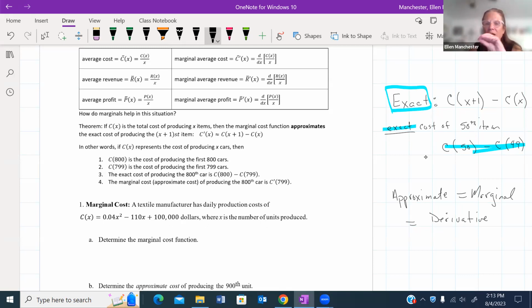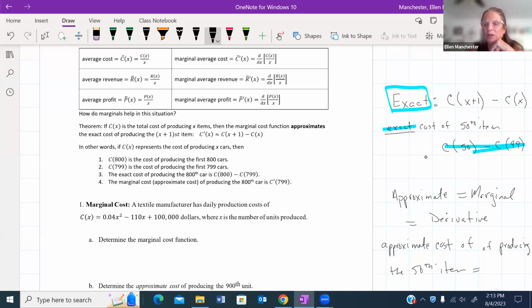So let's say we want the approximate cost of producing the 50th item.